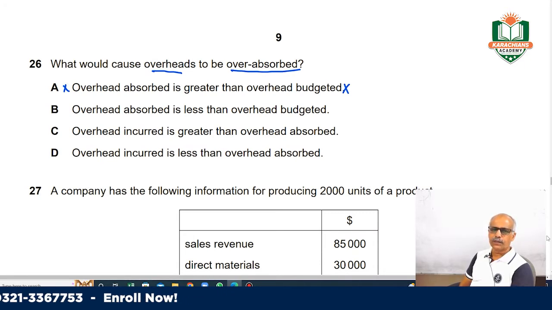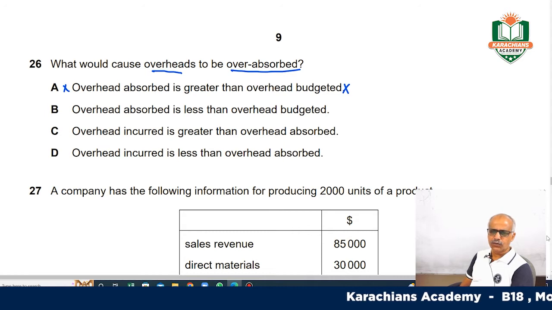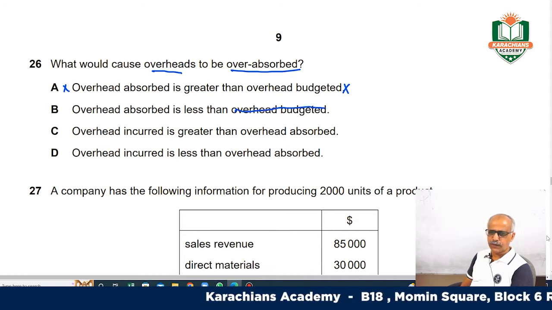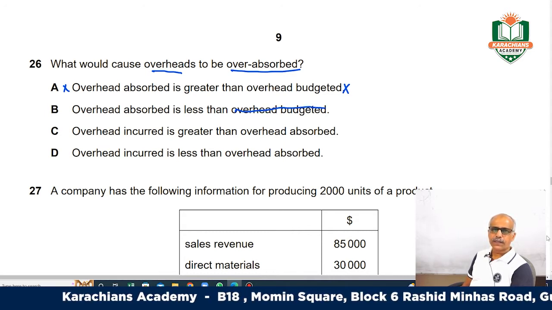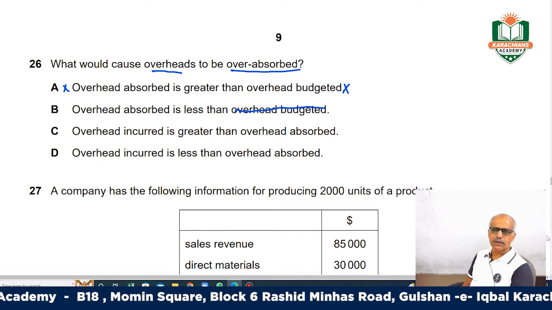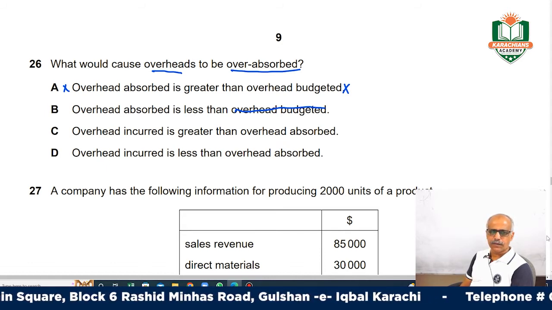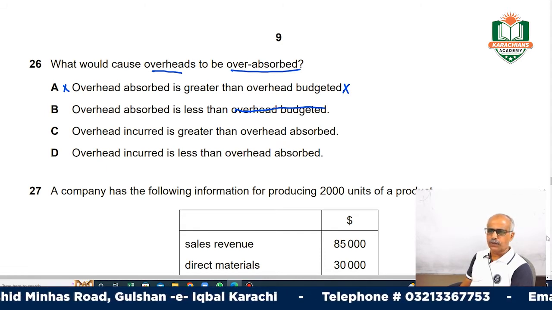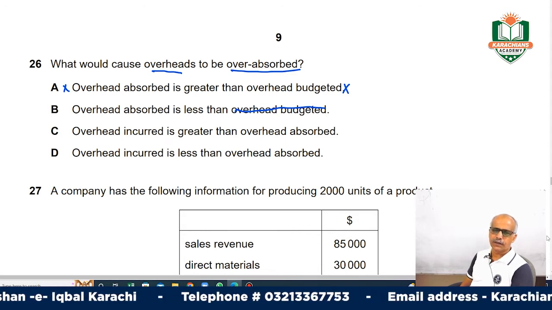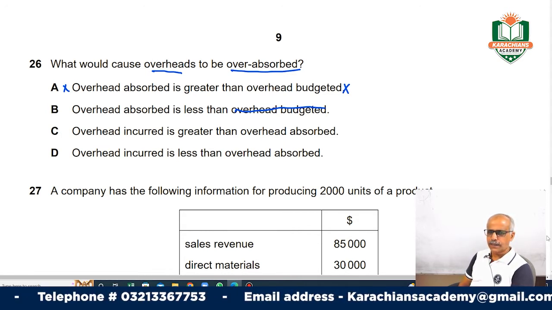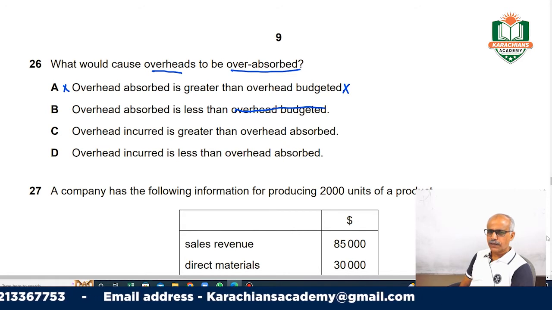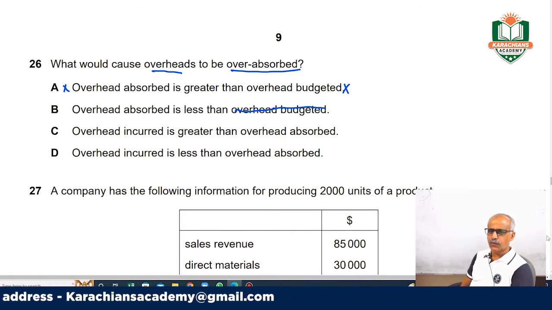Overhead absorbed is less than overhead budgeted. No, there is no comparison with budgeted. It is overhead absorbed versus your actuals. Overhead incurred is greater than overhead absorbed.